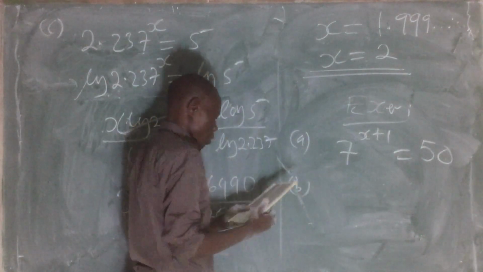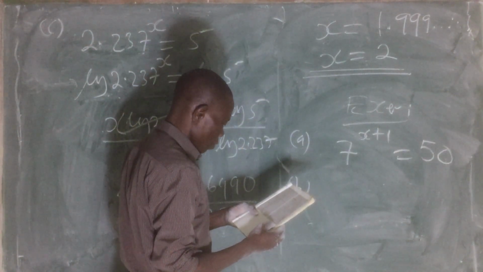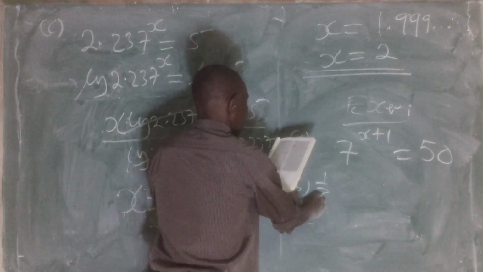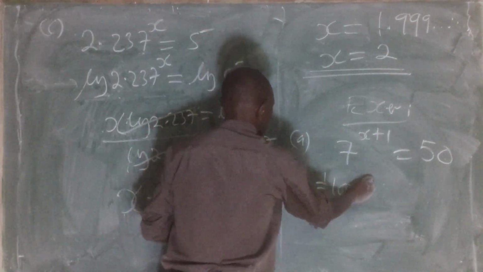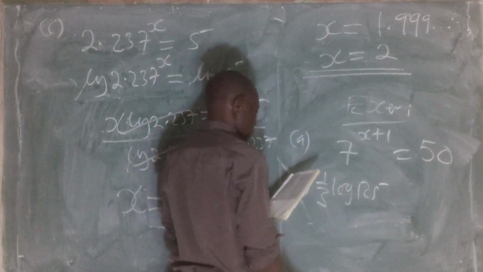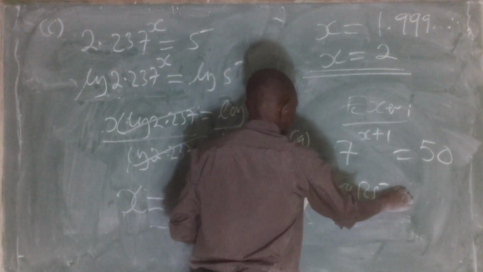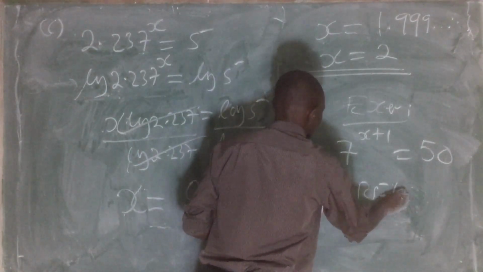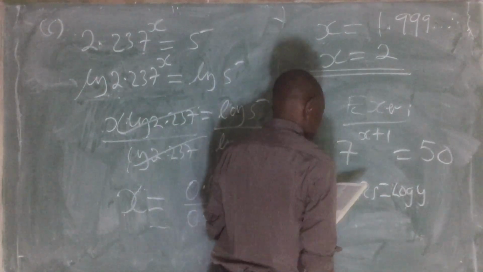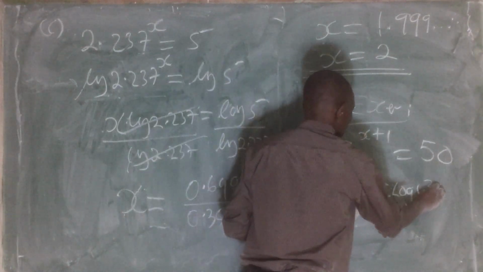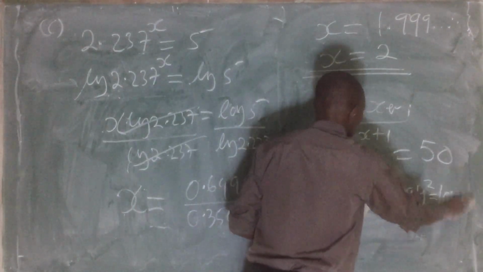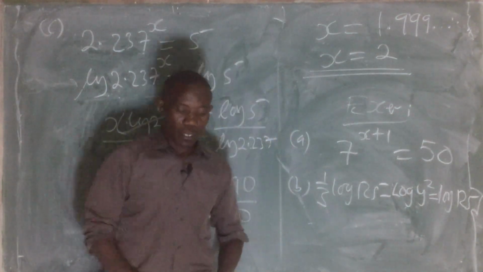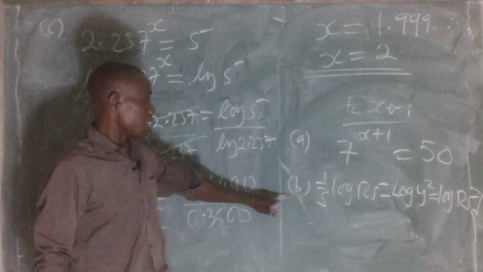And number B, I'll give you this one out: 1/3 logarithm of 125 minus log of y squared is equal to log of 125. Right. So just work out A and B.